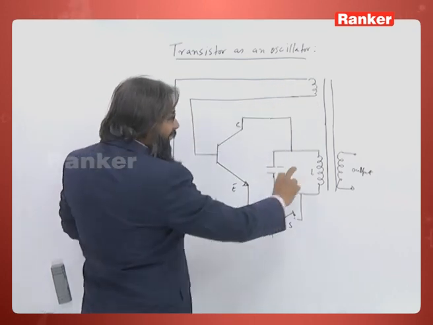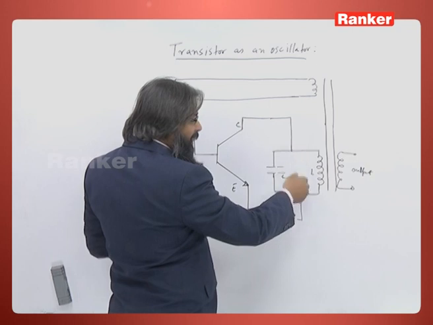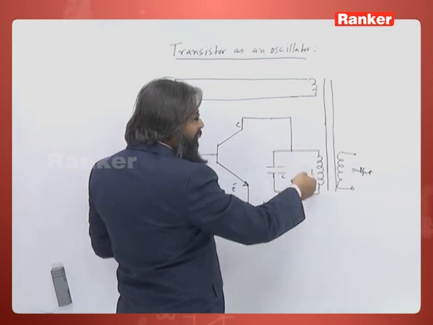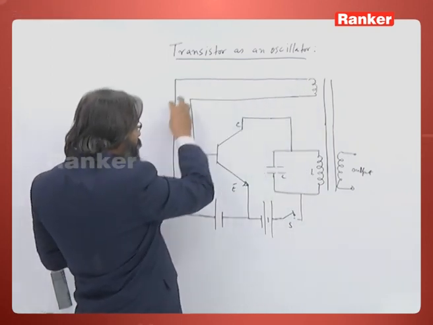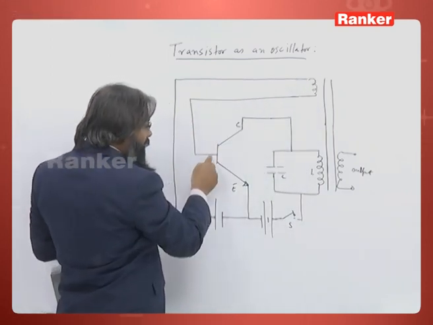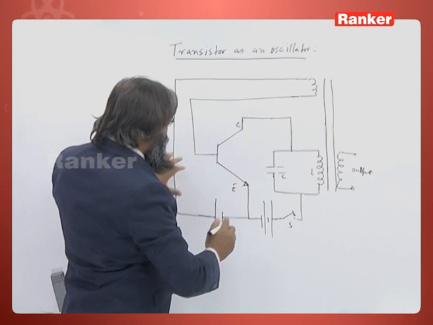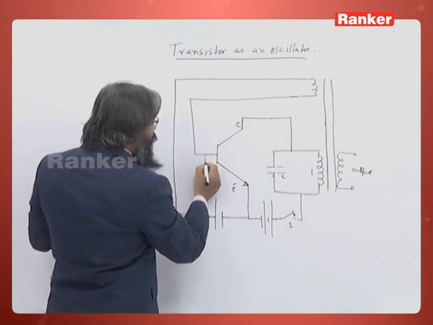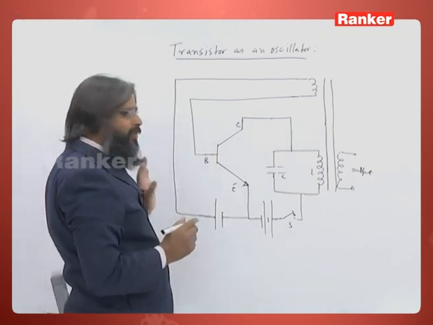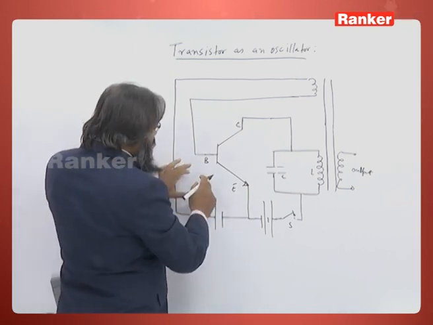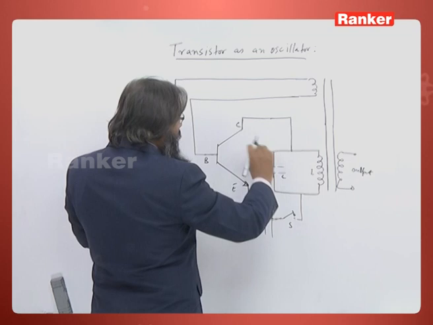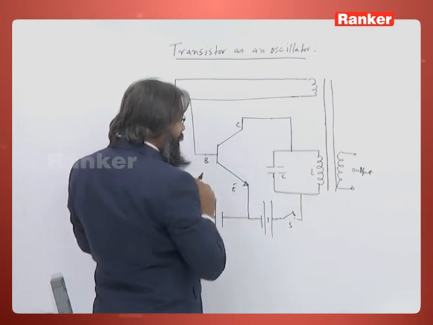Whatever current varies in this LC oscillation, it fluctuates like this and goes on. That will be induced here, and that is again fed back into this emitter base side. Just recall this is the base, and I have not shown some resistors etc. This is the base and this is the emitter. Input is given in this, and output is again going back into the system.